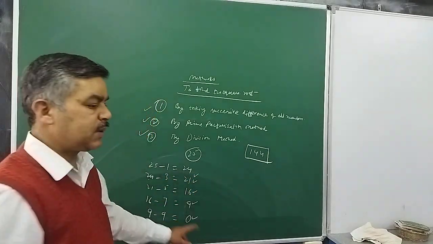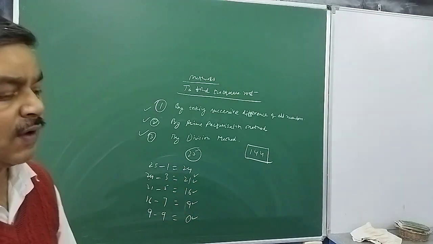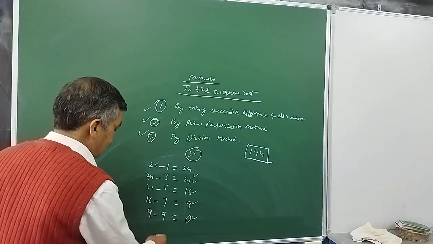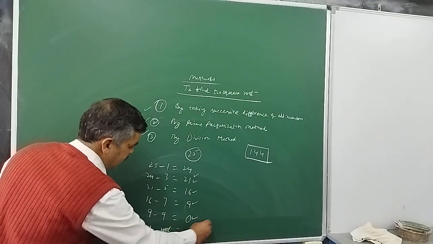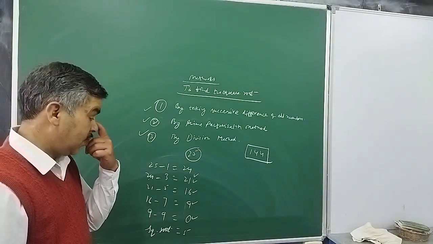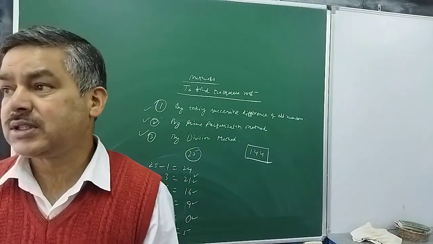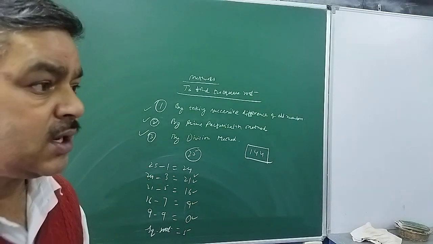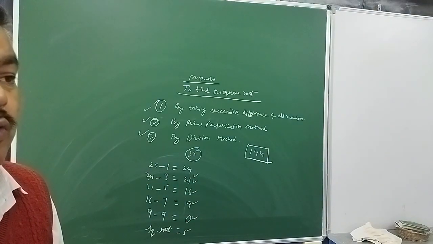So in the fifth step the result is coming equal to 0. Therefore the square root of 25 is equal to 5. That is the way we are finding the square root, by getting the successive difference of the odd numbers from that particular number of which you are going to find the square root.